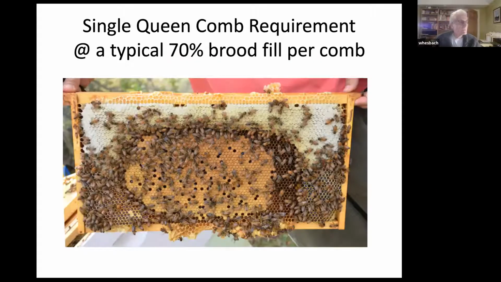So we're following this logic now about egg laying, so just bear with me. Typically, in a brood nest, a given frame is filled somewhere between 70 and 80% with brood.